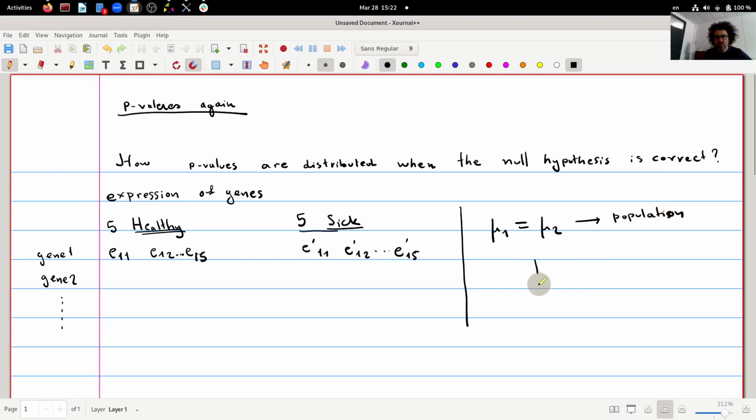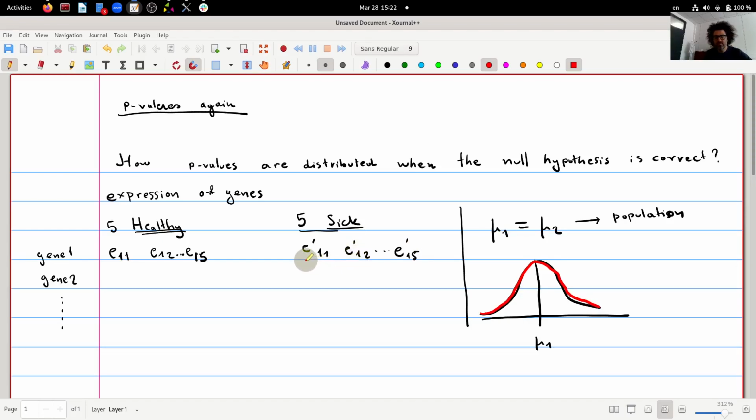So it's like we have a normal distribution with some mean, m1, that gives values to the healthy people. And another distribution, the red one, with the same mean and in fact the same variance, that gives values to the sick people.